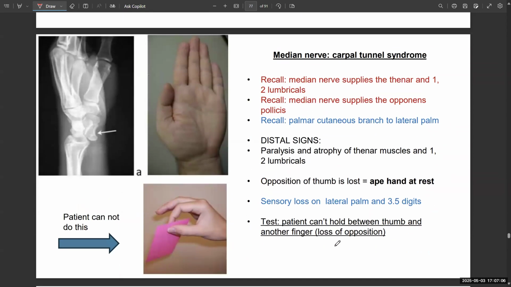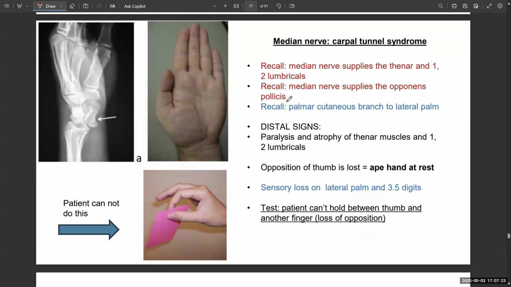Then we have the carpal tunnel syndrome. Now, what is this? Recall that the median nerve supplies the thenar 1 and 2 lumbricals. And it also supplies the opponens pollicis and the palmar cutaneous branch of the lateral palm. Right?